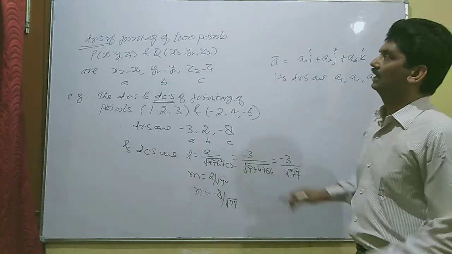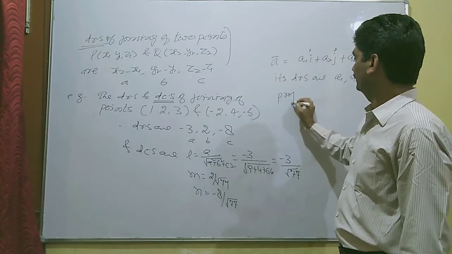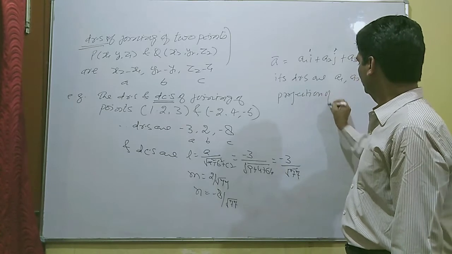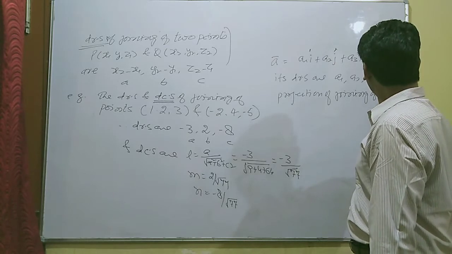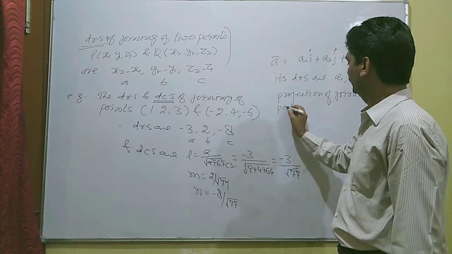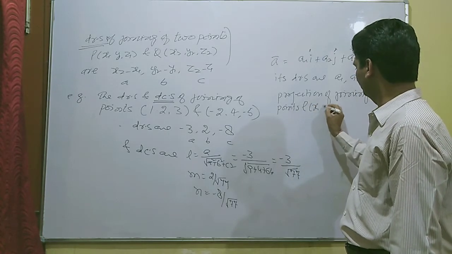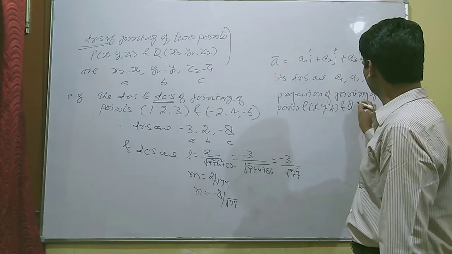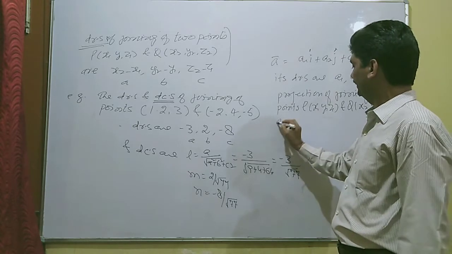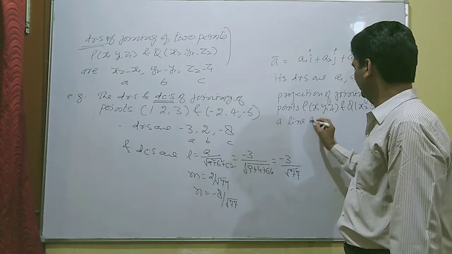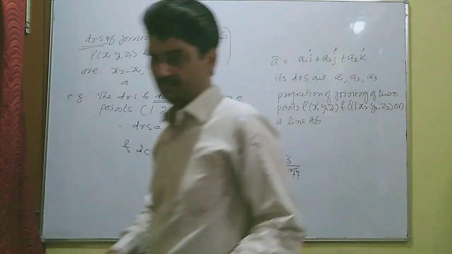And the next thing, which is important, is the projection of the line joining two points, for example P(x1, y1, z1) and Q(x2, y2, z2), on a line AB. Okay, so projection, this is clear, that is the shadow of the joining line.